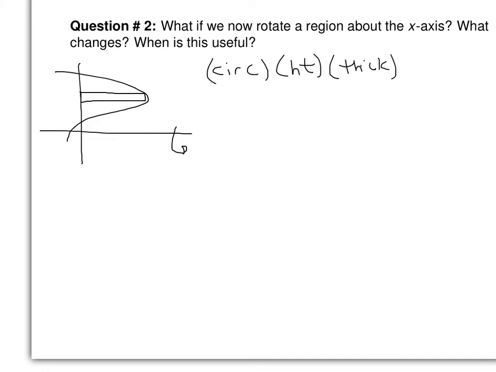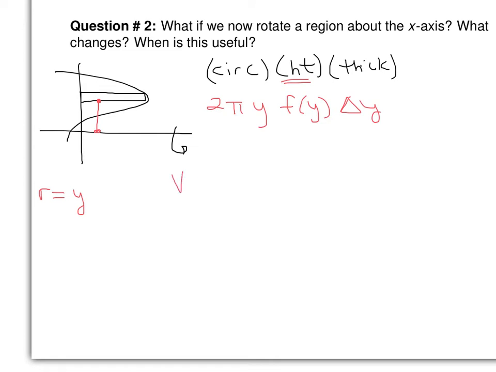So in this case, the circumference is 2 pi times the distance from my axis of rotation. In this case, the r is equal to y. Now the height will be f of y, and the thickness will be delta y.